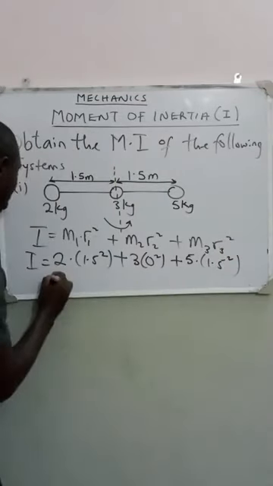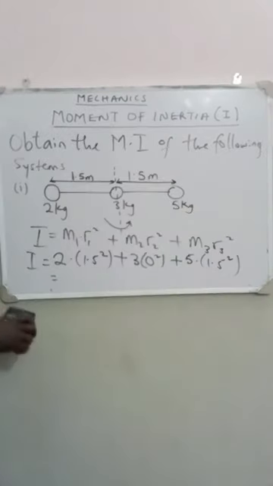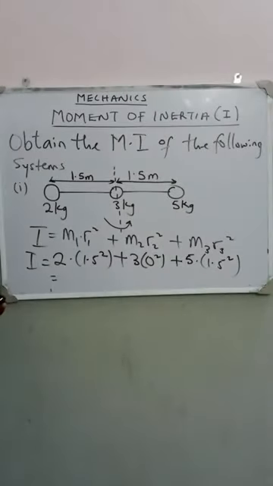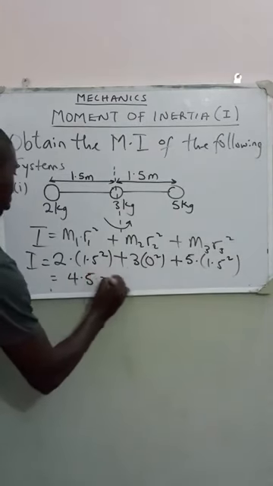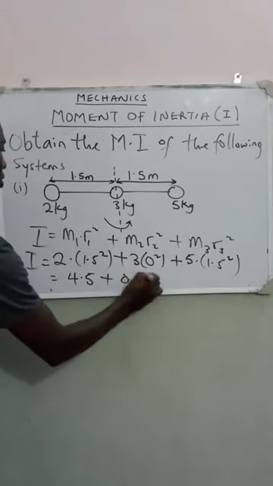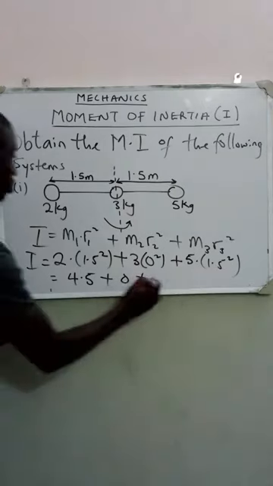So when we evaluate this, for the first one we have 4.5, plus the second one we have 0, plus the last one we have 11.25.